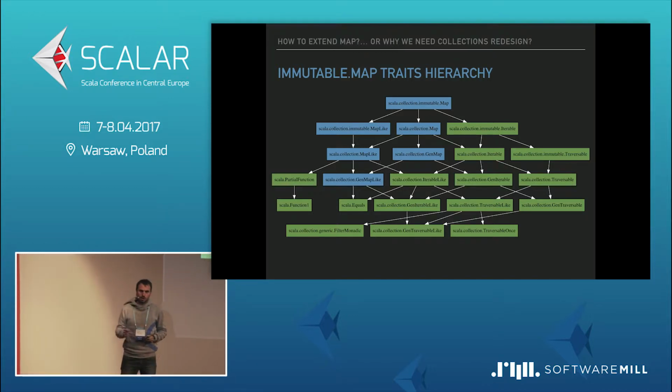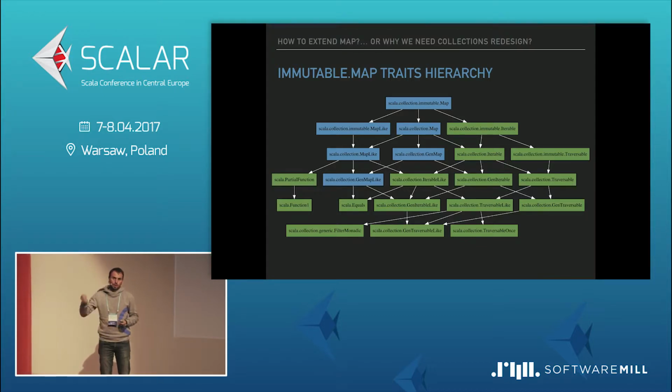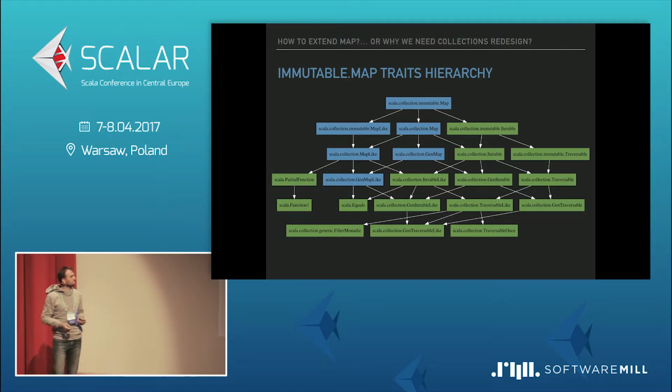Also, the hierarchy is quite deep. You've got mutable and immutable, then collection Map, then GenMap. The Gen prefix is on top of the hierarchy, and everything with the Gen prefix can also be a parallel implementation of a collection. So Gen is for parallel collection.